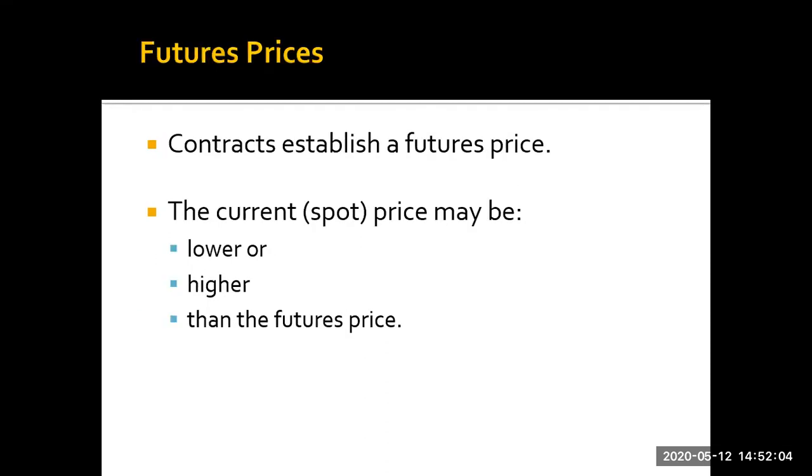So these contracts establish a future price. The futures price is very strongly correlated to the current price, or the spot price. Now, the spot price can be higher, lower, or exactly the same as the futures price.